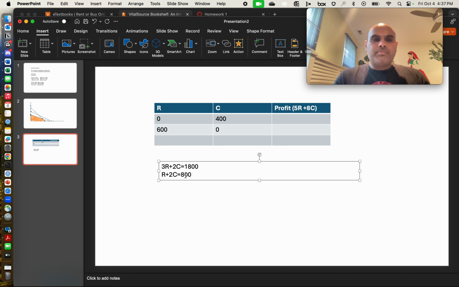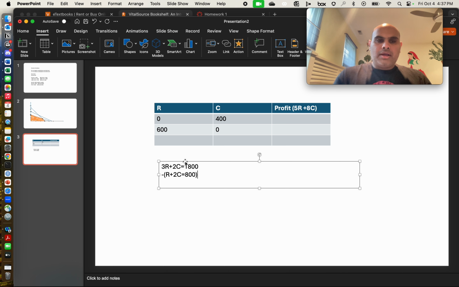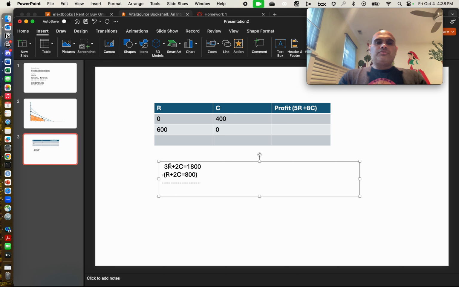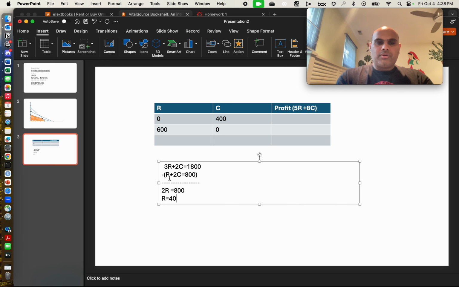So I can directly subtract the two equations because this is 2c, this is 2c. So if I subtract the second equation from the first equation, I end up with 3r minus r, so 2r is equal to 800, and r is 400, right?